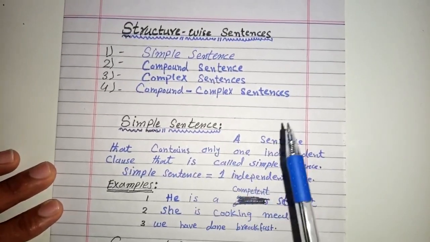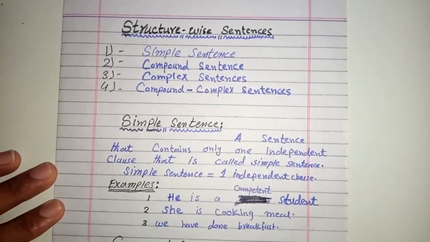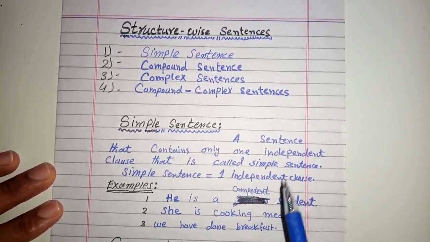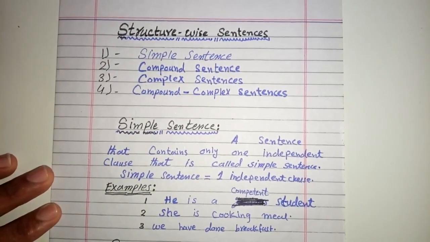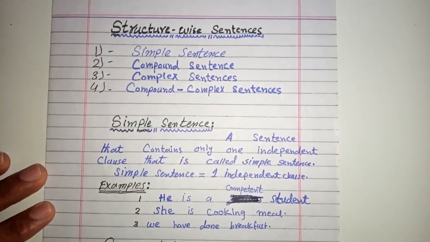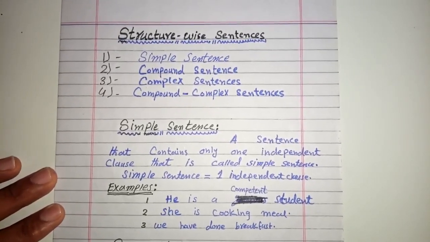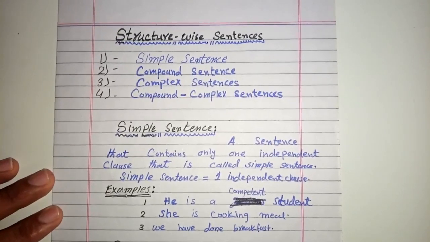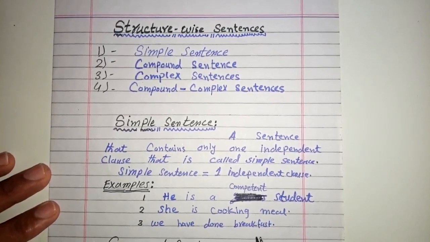If we don't have knowledge about clauses, then we can't make these kinds of sentences, because the clause is a very important topic in grammar, and all the grammatical range is based on the clause. So guys, now I'm going to start my lecture.